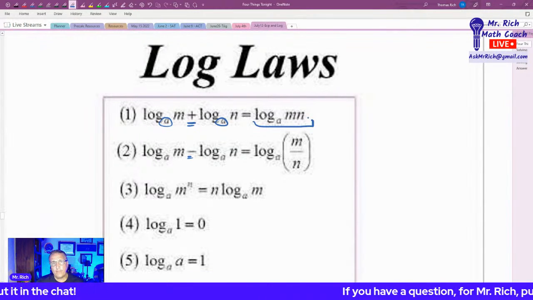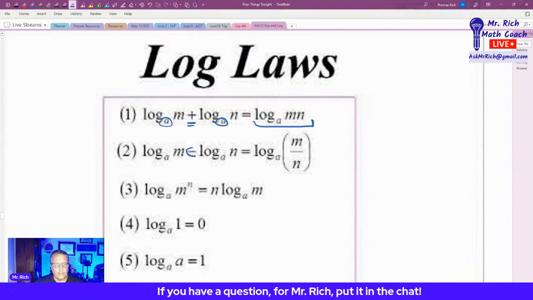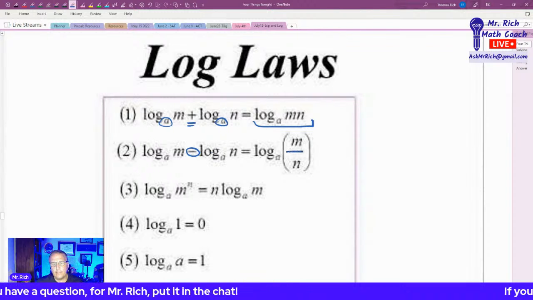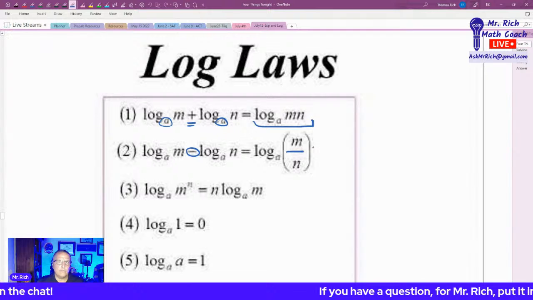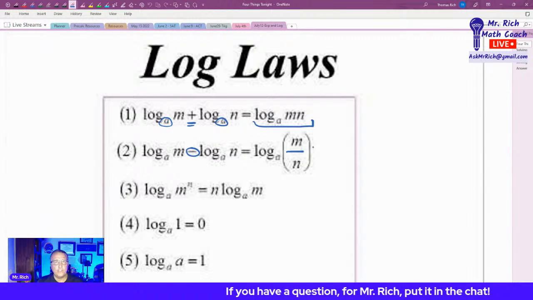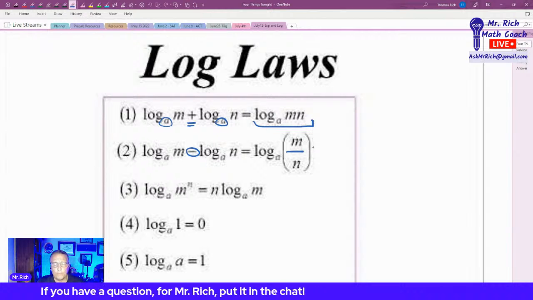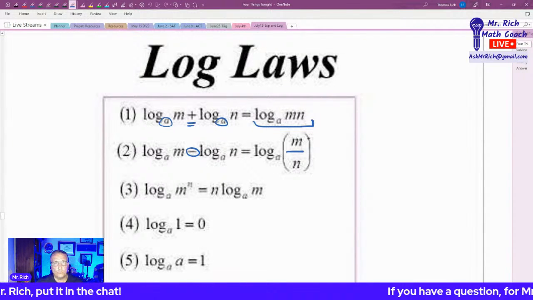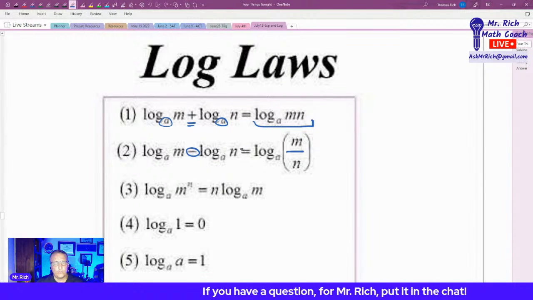And as you might imagine, if that's true, then it would also be true that if I'm subtracting like logs with the same base, I would condense them through division. These are very similar, and we could prove these through an application of the rules of exponents, but I'm not going to bother with that. You just simply need to know these rules, know them, and know how to use them and when to use them.